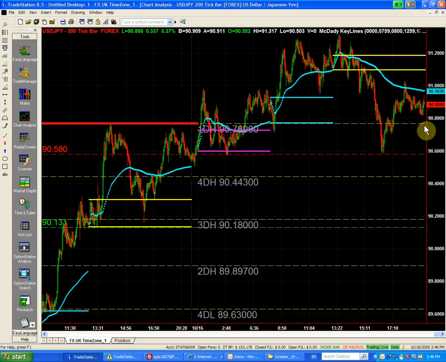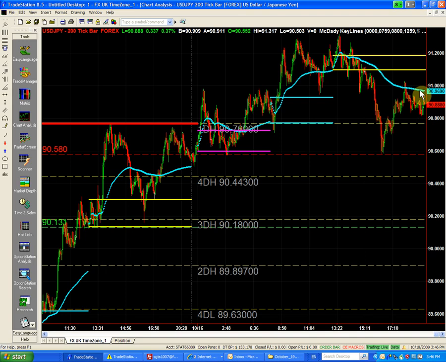So if we have an open in the session somewhere around the 90.88, and we do have a push to the downside, I am not going to take the first short. I am not going to short the dollar yen unless it trades below 90.58.